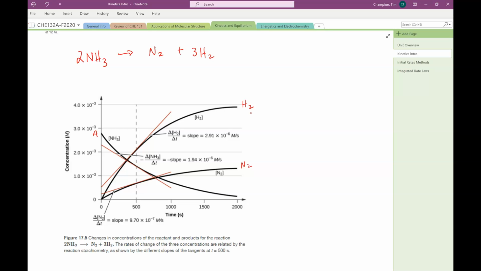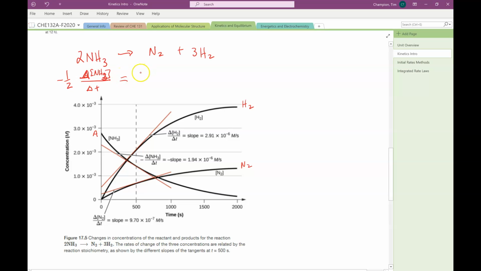So we're able to relate these rates to each other, and it works out this way, that if I look at the rate of change in ammonia over time, so delta T, delta NH3 concentration, and if I multiply that by negative 1/2, now the negative is because it's a reactant, the 1/2 is 1 over the coefficient of ammonia.